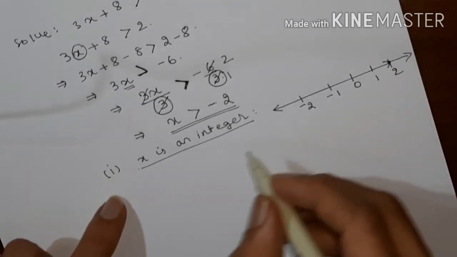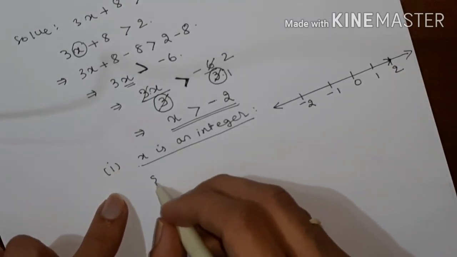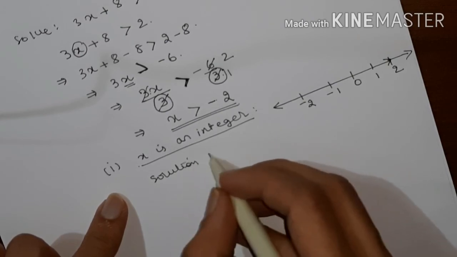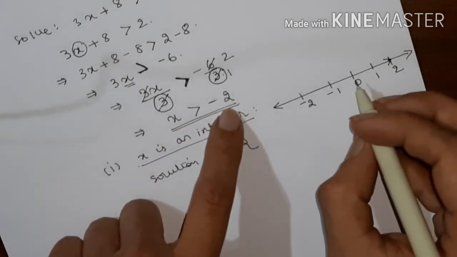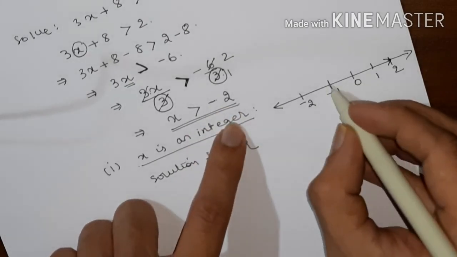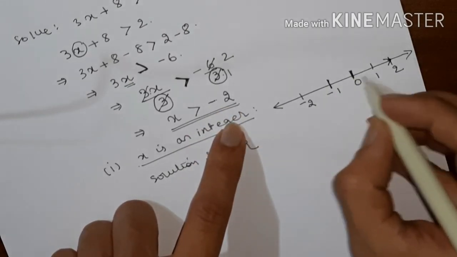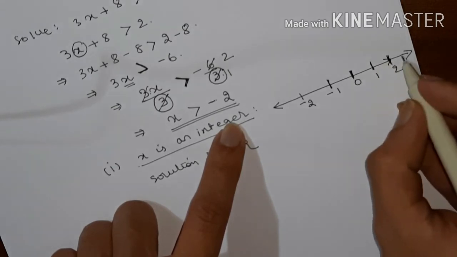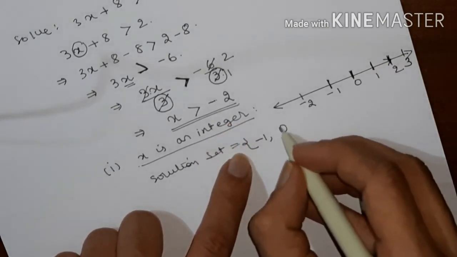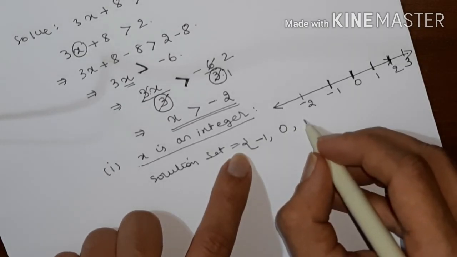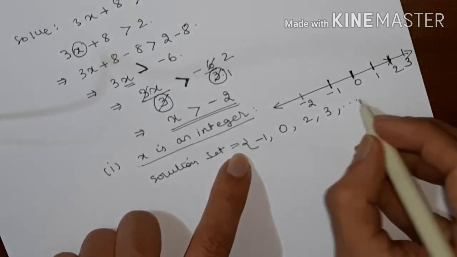So the solution set will be what? x is greater than -2 and x is an integer. So -1 is there, then 0, then 1, then 2, then 3. So you will get -1, 0, 1, 2, 3 and so on.